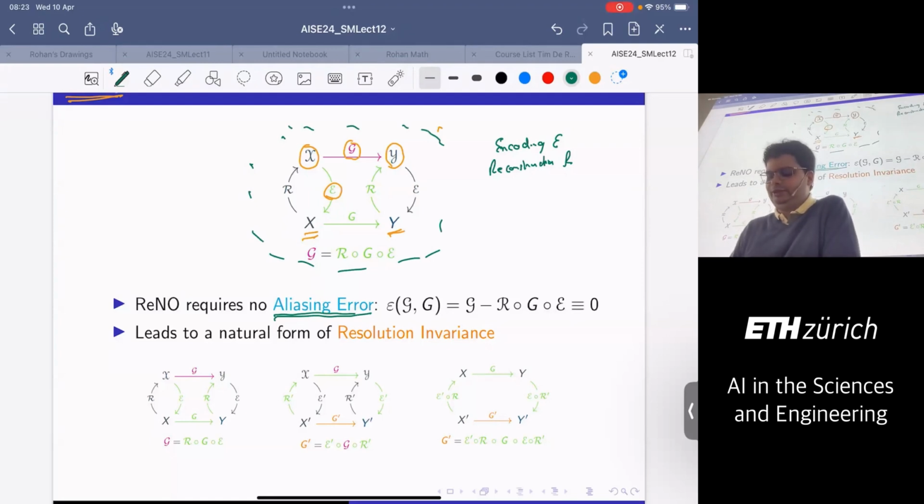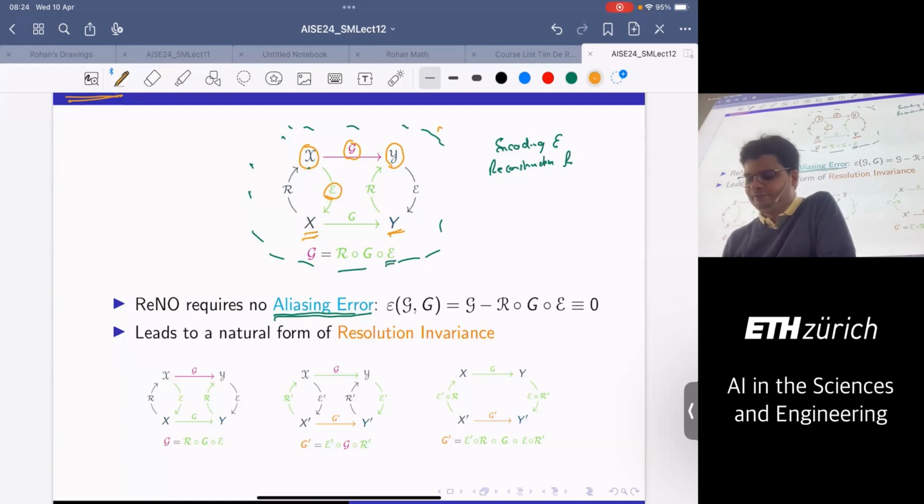Let's try to understand it. Remember that there are two ways in which we can go from X to Y: either directly by the operator G, which is what we would ideally like to do, but in practice we would not be able to do that, or we can go from the infinite to the finite. This is, for instance, taking the function and putting it as point values on a grid. We do this through this E here.